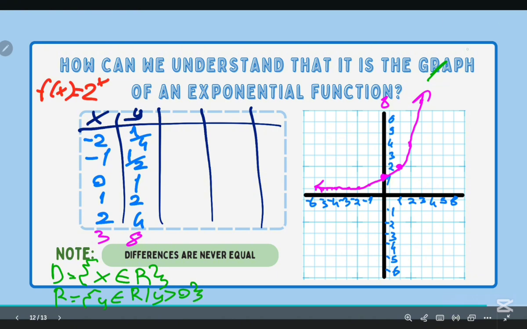We can also look at the graph's differences, first differences and second differences. This is 1 over 4, this is 1 over 2, this is 1 and 2. As you can see, they are not equal, but for linear equations the first differences are equal. Let's look at the second differences with another color.